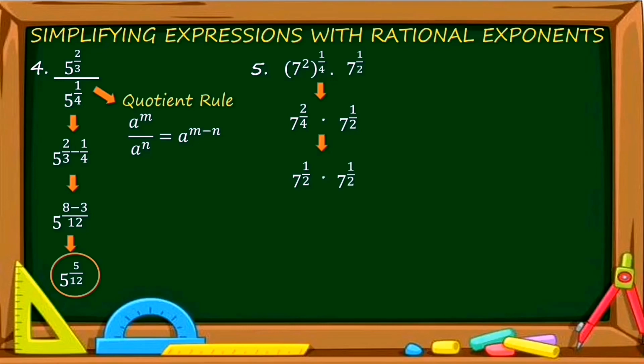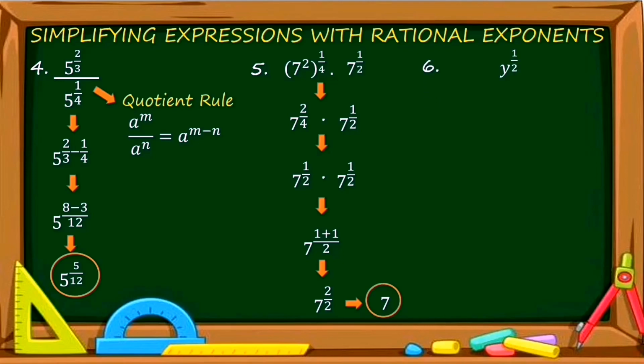Then times 7^(1/2). Simplify the rational exponents. It will give us 7^((1 plus 1)/2). Simplifying it again, we have 7^(2/2). 2 over 2 is equal to 1, so our final answer is 7.